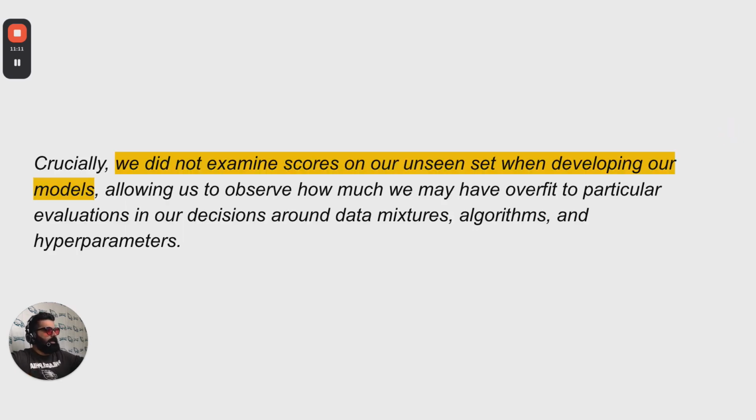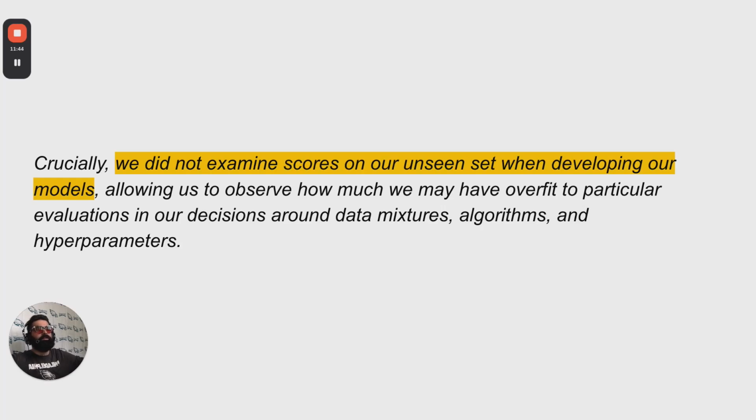The first thing I want to highlight is that they did not examine scores on the unseen set when developing their models. This might seem like an obvious point, or maybe certainly not trivial, but it might be well known. They wanted to observe how much they have overfit to their evaluations in the decisions around data mixtures, algorithms, and hyperparameters. All of their decisions are empirical, and if they make a data mix change, the only reason they're going to make that change is if it improves the eval suite performance.